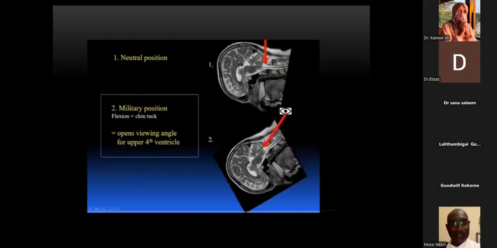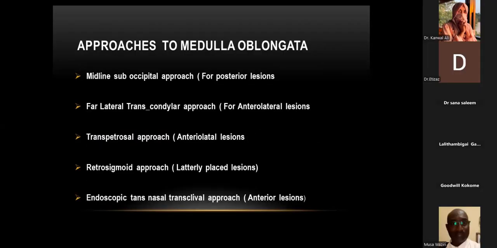Before going to the trajectory and how we have to go through the position, when we talk about the indications of all these approaches to the medulla oblongata, it's quite easy, because most of the time brainstem lesions are very difficult to approach.